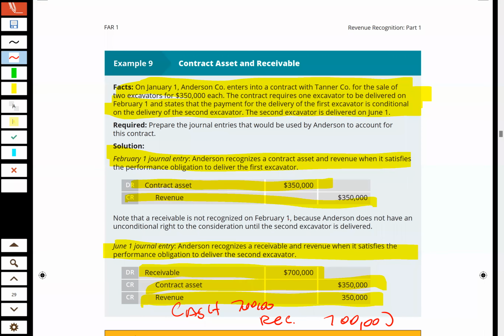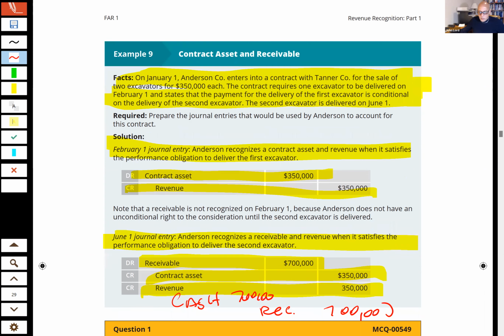I thought the matching was, yeah, it makes sense. I mean, they didn't show here them taking cost of goods, debiting cost of goods sold and crediting the inventory. They kind of ignored that, but that would have happened on February 1st when you give that first excavator.